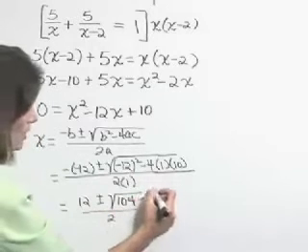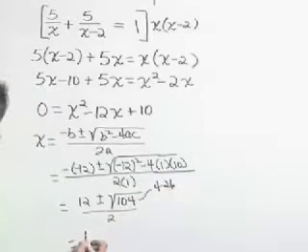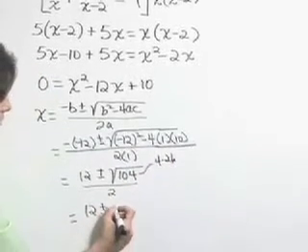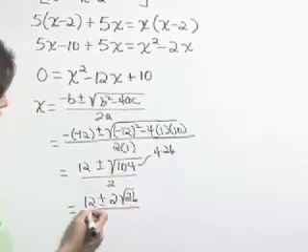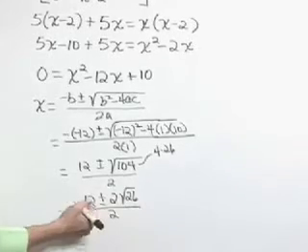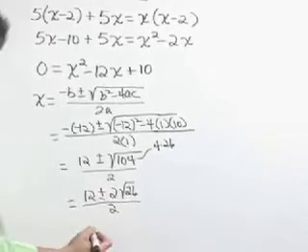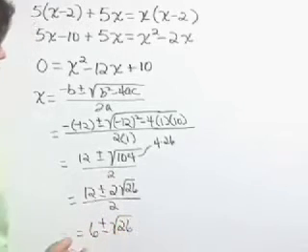That 104 is 4 times 26, so let's simplify that a little bit and write this as 12 plus or minus the square root of 4 is 2, that comes out. 26 stays underneath. Lastly, let's simplify by dividing that 2 into both terms and writing this as 6 plus or minus the square root of 26.